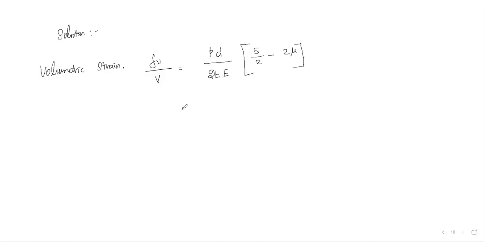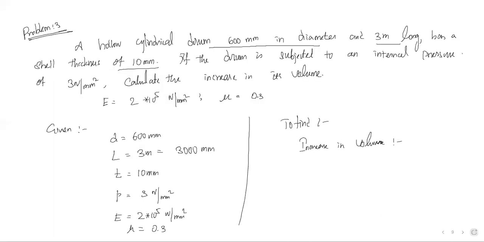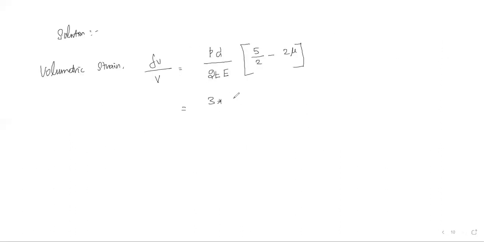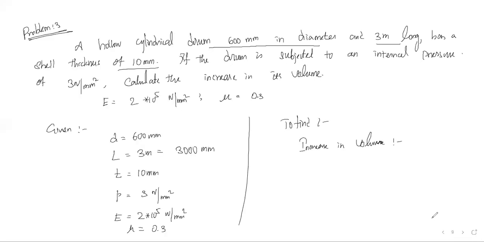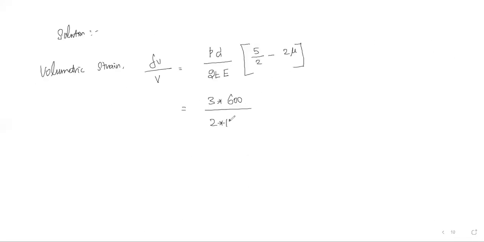So we are going to substitute in this formula. P value is 3 and D value is 600 mm, divided by 2 into thickness 10 mm into 2 into 10 to the power 5 E value, into 5 by 2 minus 2 into mu value 0.3. So if I substitute this, I can get the value of volumetric strain.